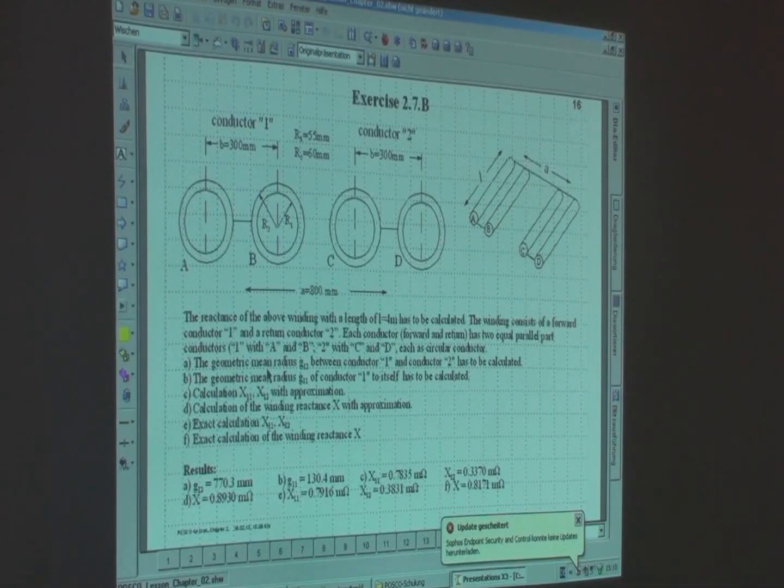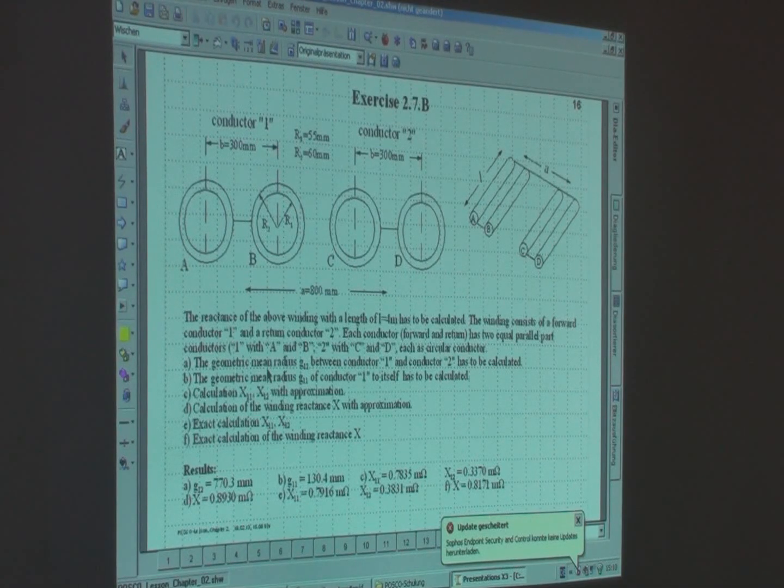What to do with this? We have to put in these two values, and then we have a value in millimeters. We will look what it is.